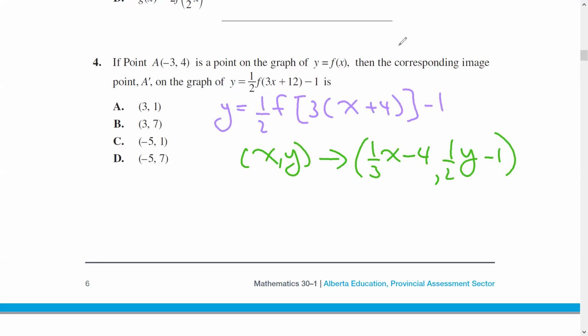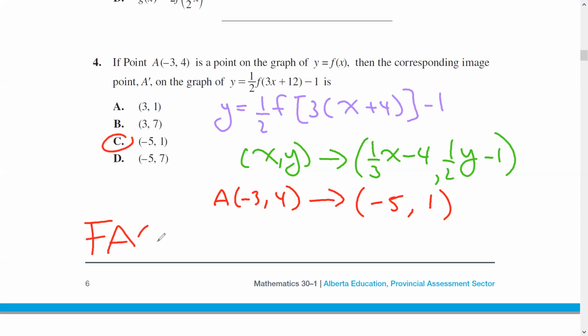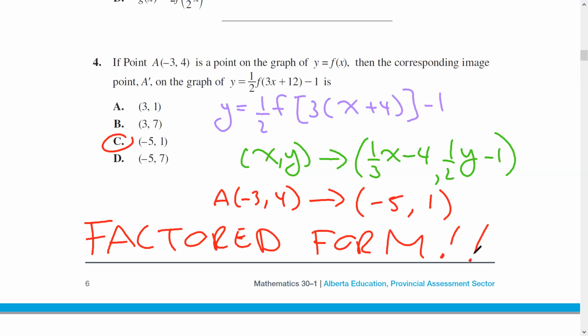So if the point A is at (-3, 4), once I've got my rule, I can just sub it in here. That'll end up being at (-5, 1). Bingo. The thing I really need you to remember the most, my friends, is you've got to have this in factored form, just like it looks on your formula sheet.